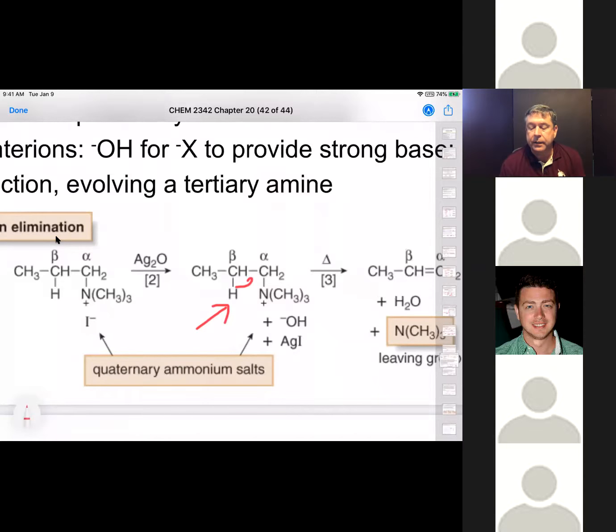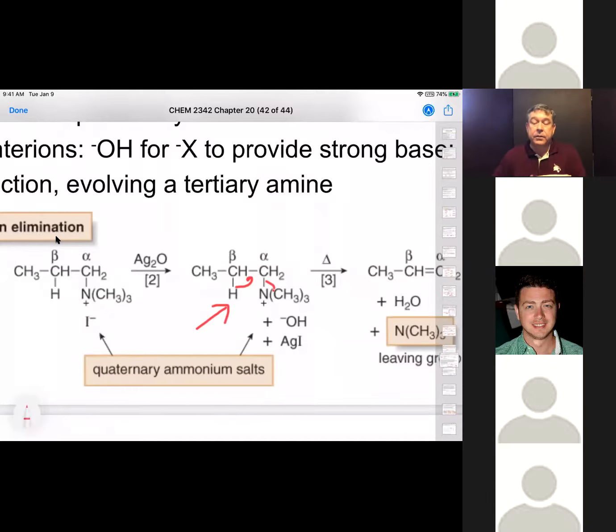These electrons kick in, kicking out our neutral amine species, and therefore we've generated a carbon-carbon double bond, and we have neutral leaving groups. We have water as a neutral leaving group because the base is deprotonating the beta carbon, and the tertiary amine leaving as a neutral leaving group. Okay, so that's how we are using the amine to help us generate a good leaving group.